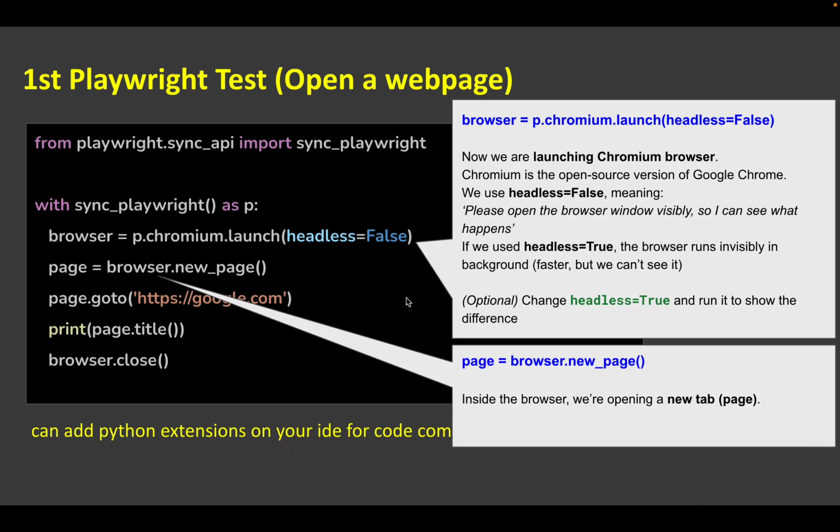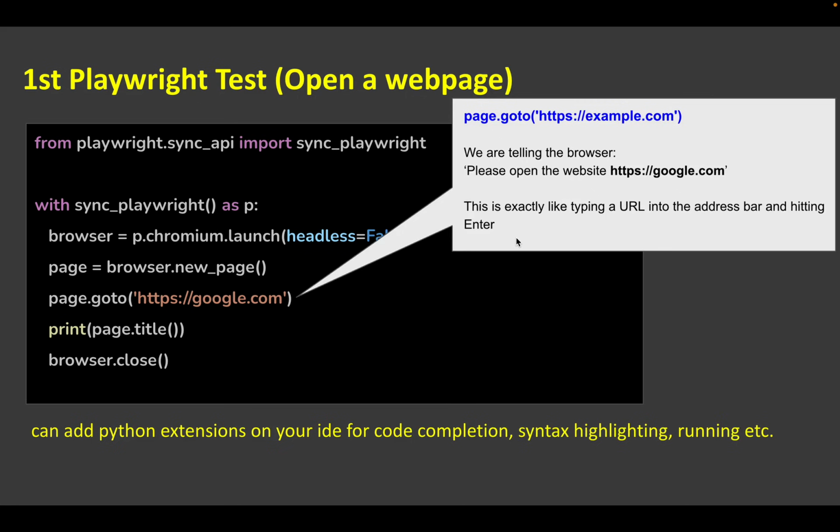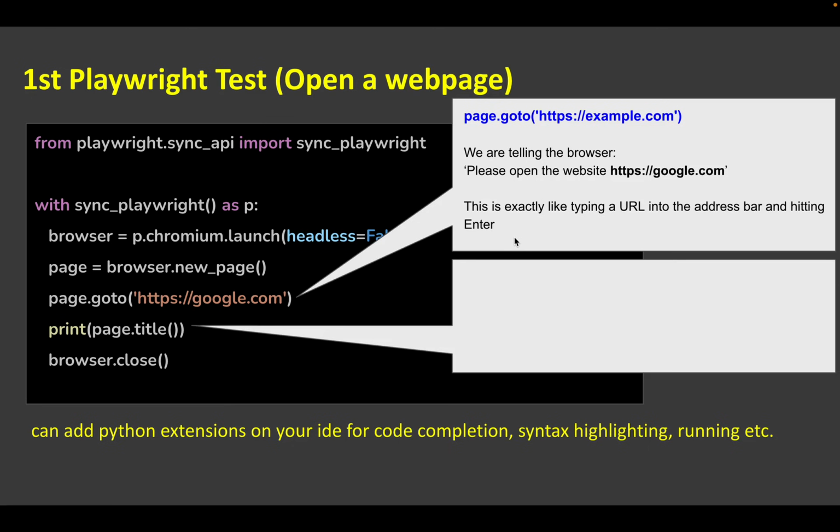And then here we are opening a new tab in the browser, and in the next line we are going to that particular website, in this case google.com. Then we are getting the title by this command, page.title, and printing it on the console.